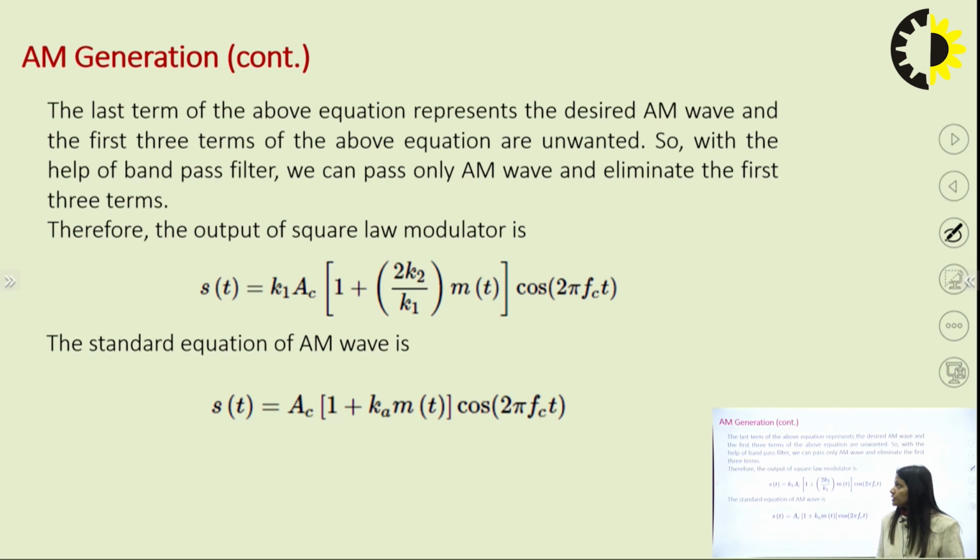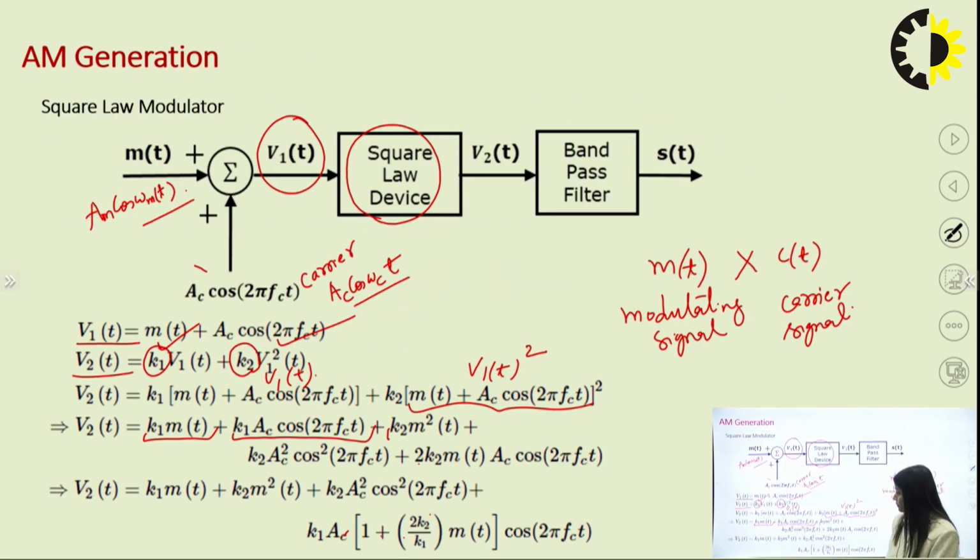So in this way, the last term of the above equation represents the desired amplitude modulated wave, and the first three terms of the above equation are unwanted. What does it mean?